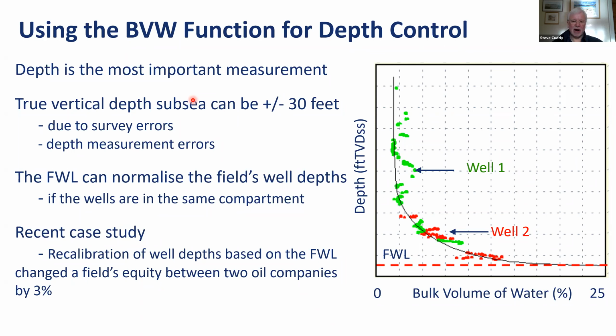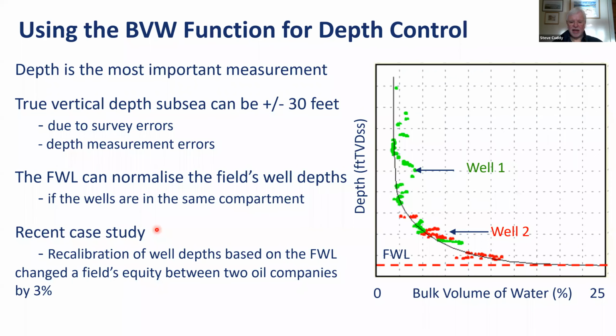Now, the depth can be out by plus or minus 30 feet due to survey errors and also depth measurement errors. So we've used this function to normalize the depth between different wells if they're in the same compartment. This is a recent case study.